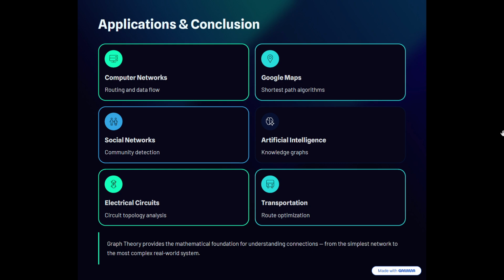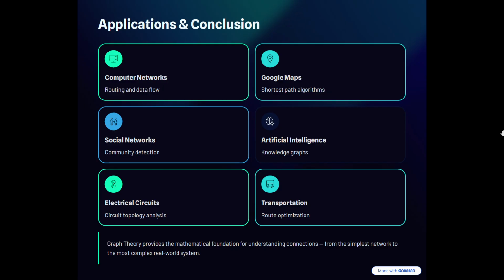And these are the applications and conclusion. Graph theory is mostly used in several areas, and I mention here a few. The first one is computer networks, that is routing and data flow, and it is used in Google Maps to find the shortest path between any two cities.